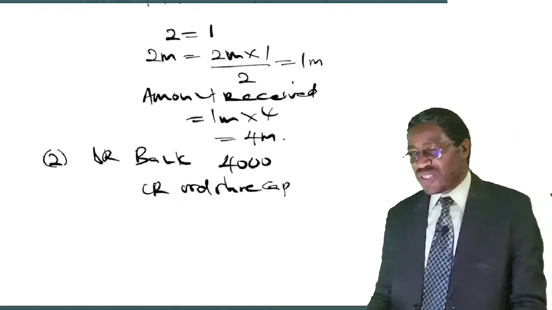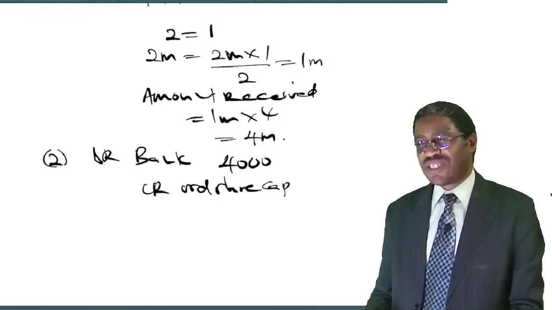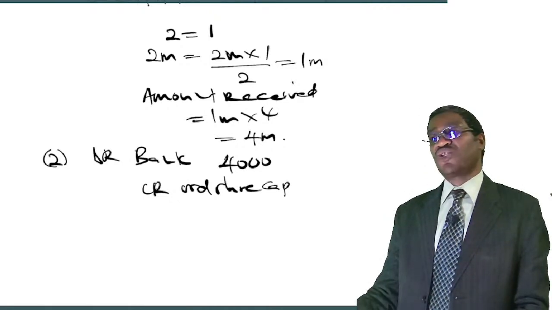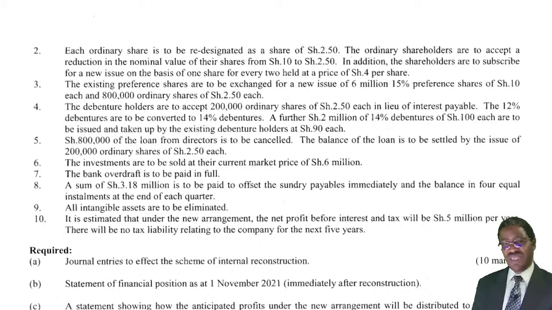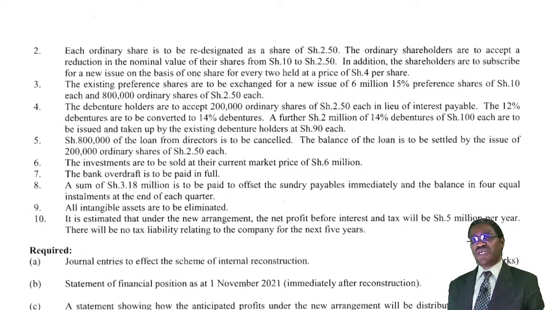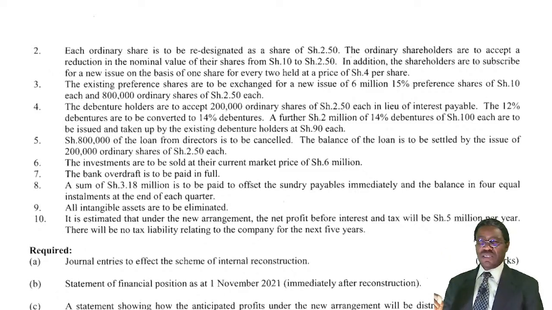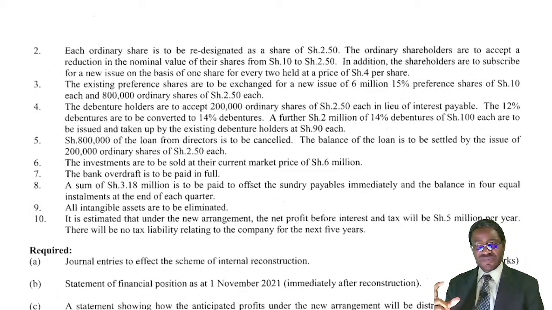I want to project the question again. You read it carefully. We are starting, number 1, note 2. I read it again. Each ordinary share is to be redesignated as a share of 2.5.